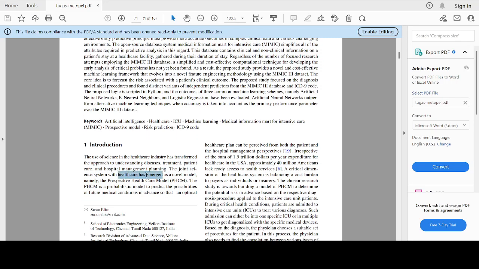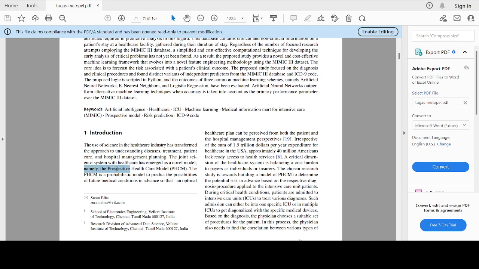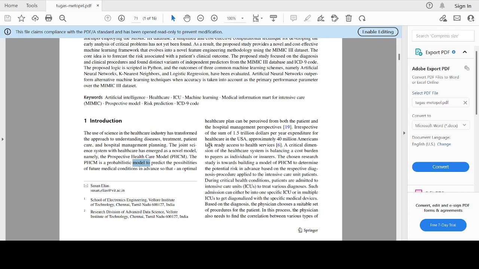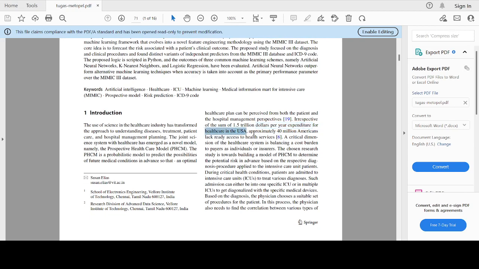The joint science system with healthcare has emerged as a novel model, namely the prospective healthcare model (PHCM). The PHCM is a probabilistic model to predict the possibilities of future medical conditions in advance so that an optimal healthcare plan can be perceived from both the patient and the hospital management perspective, irrespective of the sum of $1.5 trillion per year expenditure for healthcare in the USA.